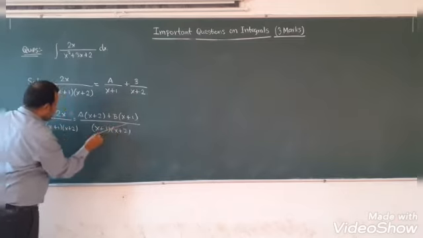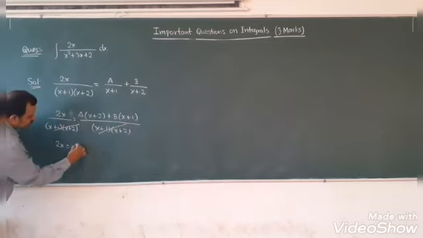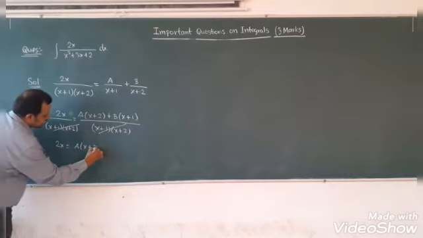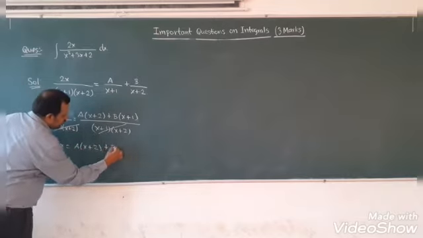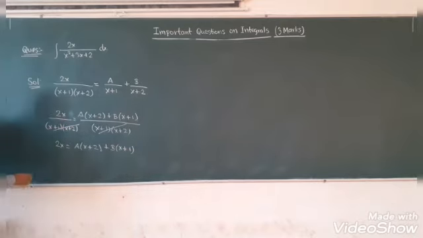Now you can see both denominators will get cancelled, and finally you will get 2x is equal to a into (x plus 2) plus b into (x plus 1).